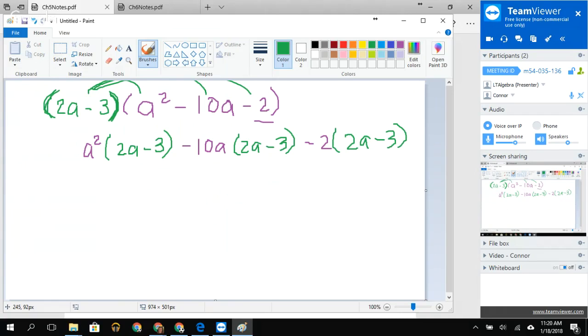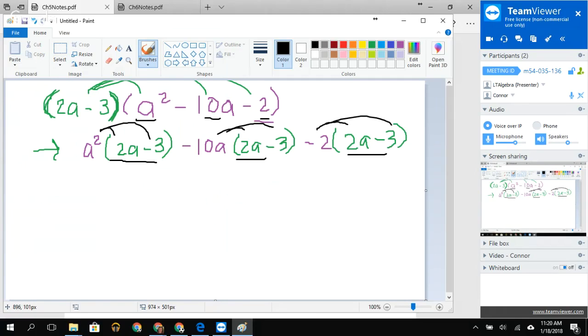So what you end up with is a big mess, first of all, and an expression that needs to be simplified even more by using the distributive property again. So you can see now each of these terms is multiplied by a binomial. And in order to get rid of the parentheses, we have to distribute the first terms in here.